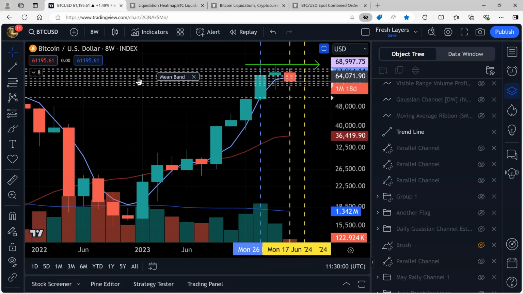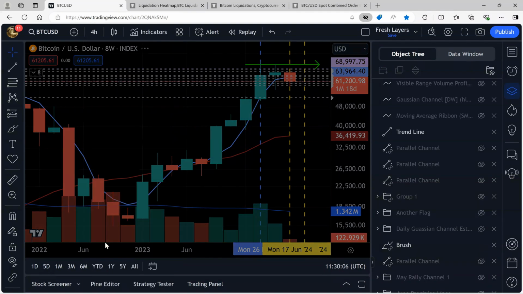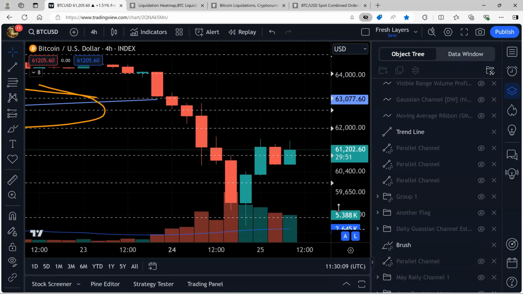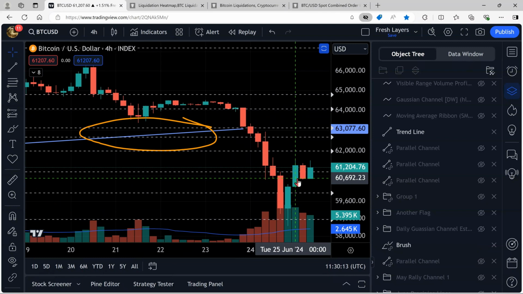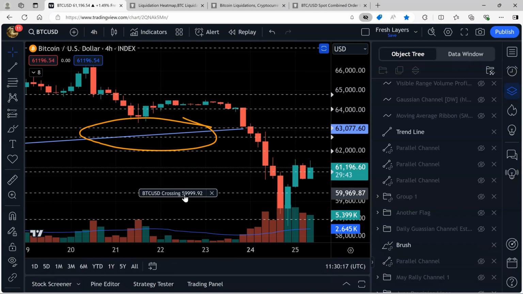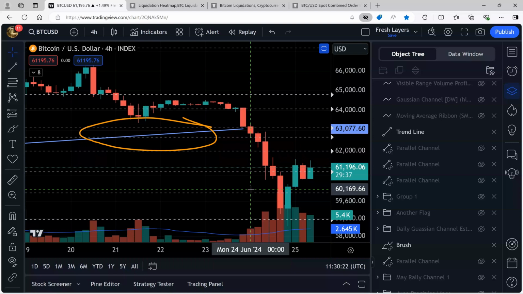So anyway, let's get back to a very tiny chart, like a 4-hour chart. Here we are, 61.2. Got a half hour left in this 4-hour candle, and that's nice and green there.